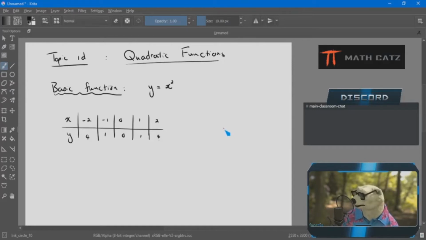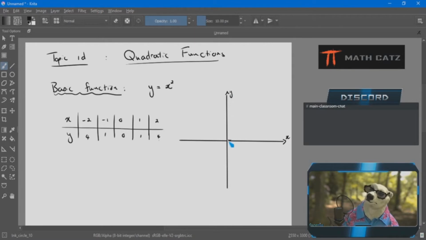And then we can have a little graph. Again, this is a review, so I'm not dwelling on this for too long, but definitely something we want to remember. And we get a very nice parabola shape that has a symmetry mirrored in the y-axis.